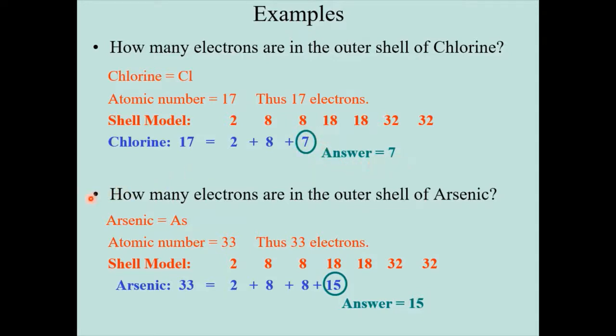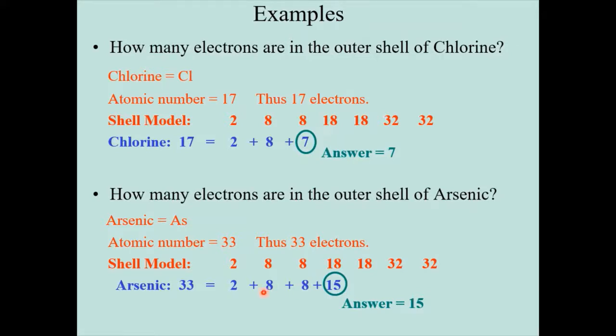Let's do one more. How many electrons are in the outer shell of arsenic? Arsenic, symbol As, has an atomic number of 33, thus we have to fit 33 electrons into our shell model. So 2 go into the first shell, 8 into the second shell. The third shell also can hold 8.